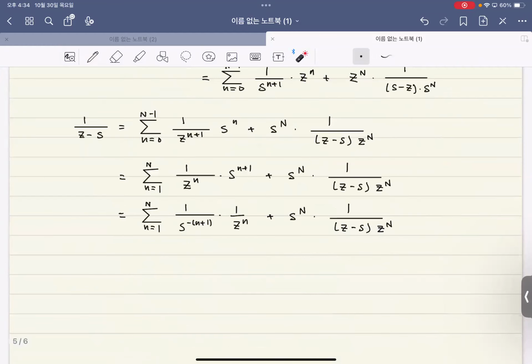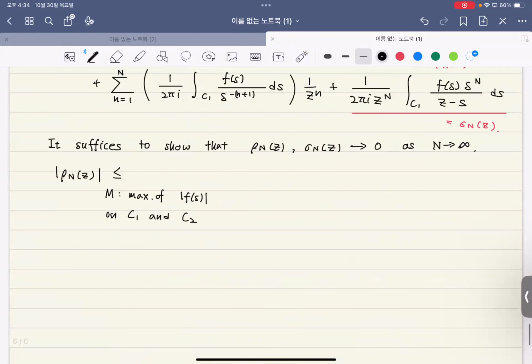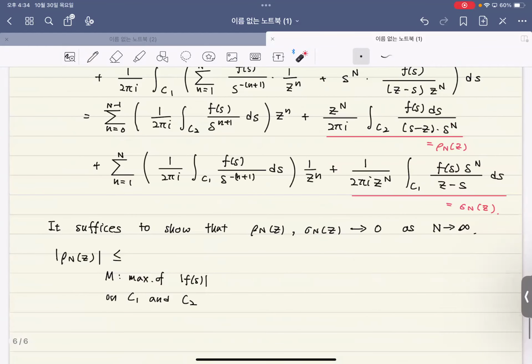Going back to here, the magnitude of z was assumed to be R. So this number is bounded by R^n, and the 2 pi i is now 2 pi because we are talking about the modulus, times the maximum value of f(s), which was M, and the absolute value of f(z).